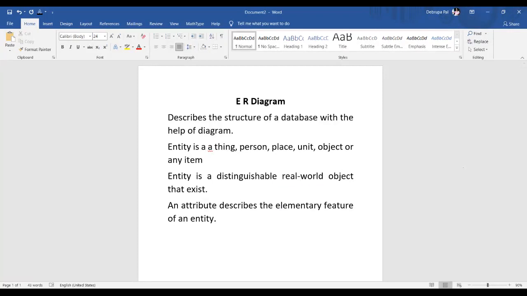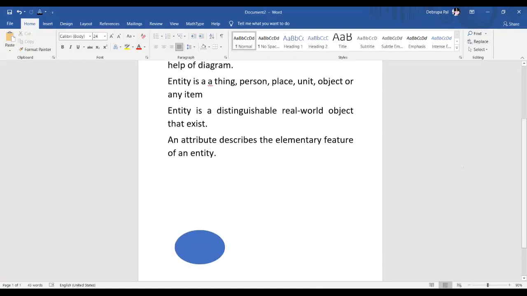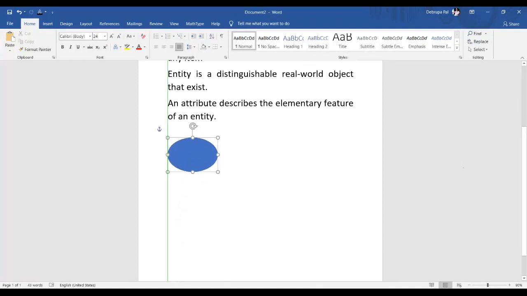Is it clear to you all, or should I explain something more? Please respond. Okay, understood. Now I have drawn one shape, this one. What is this known as?